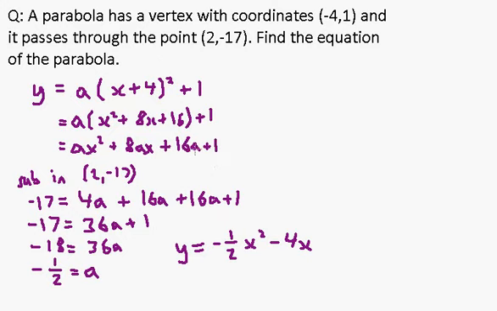And I get 16 times minus a half is take away 8, or minus 8, plus 1 is minus 7. Okay, so I've just substituted a is minus a half into this expression here, and I get y is equal to minus a half x squared take away 4x, take away 7, and that is the solution to this problem.